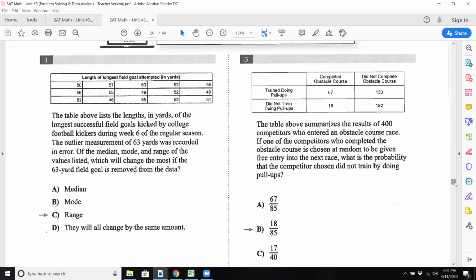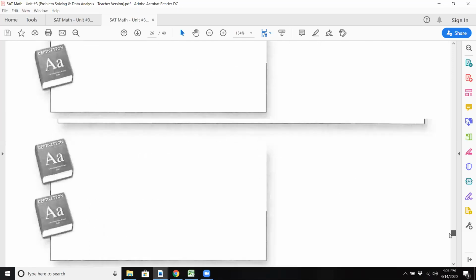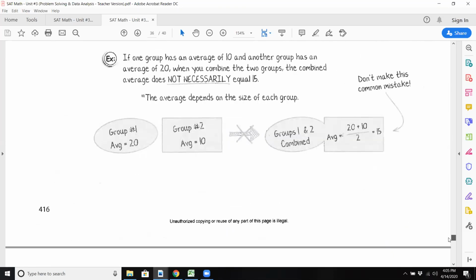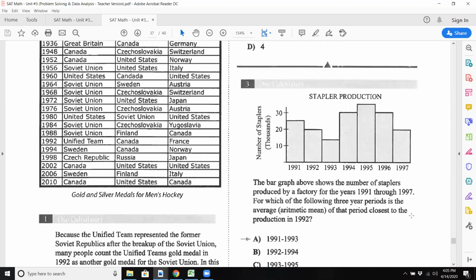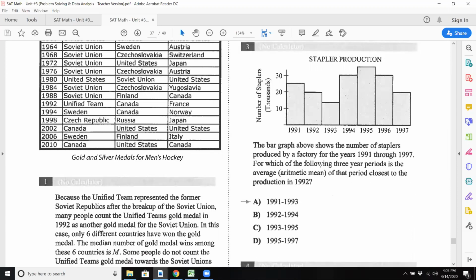Then going to page 417. For number 3, they're asking for which of the following 3-year periods is the average of that period close to the production at 1992? The production at 1992 is 20. That's obvious.